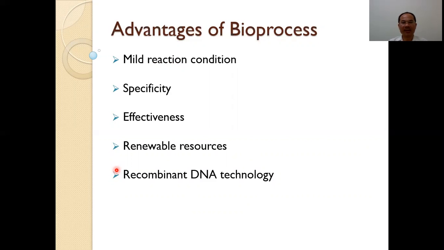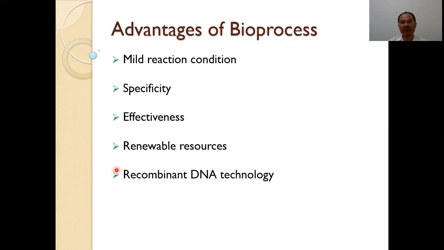And in the bioprocess, we have high specificity. When specificity is high, you get high function, high product. The raw material is a renewable raw material. You can use biomass, compared to the physicochemical process.